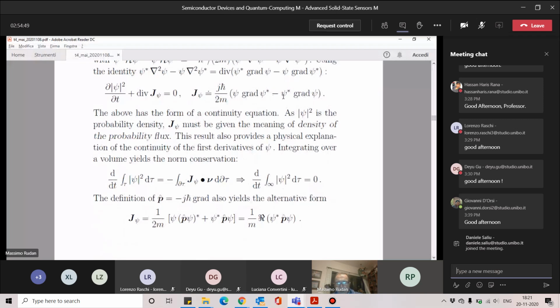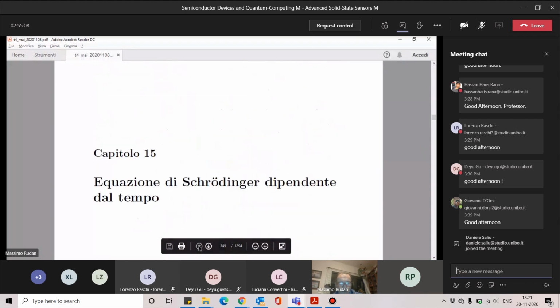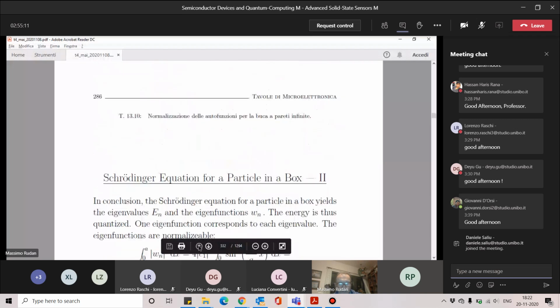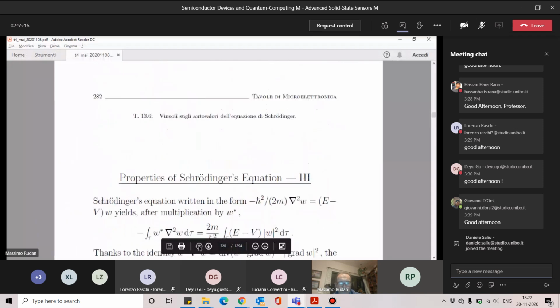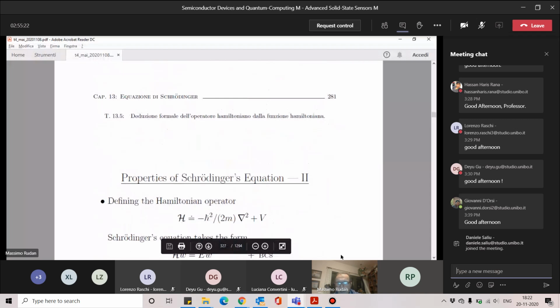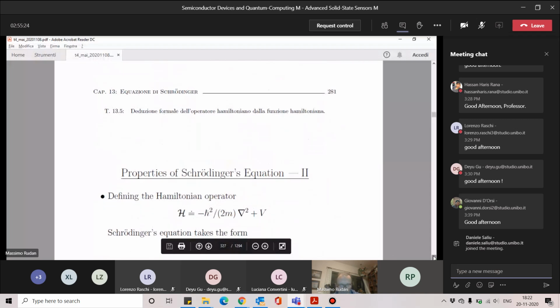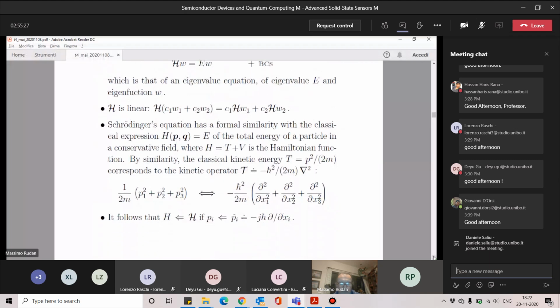But it is not, because you remember, a couple of lessons ago, we introduced the momentum operator.